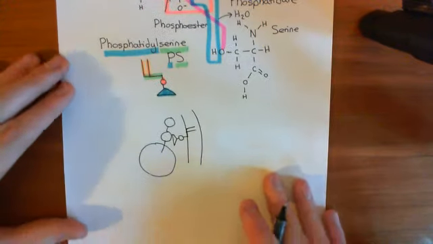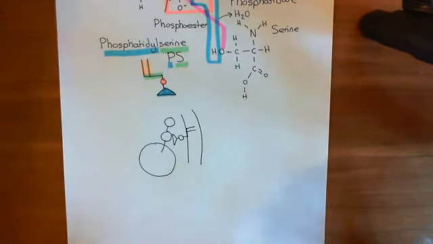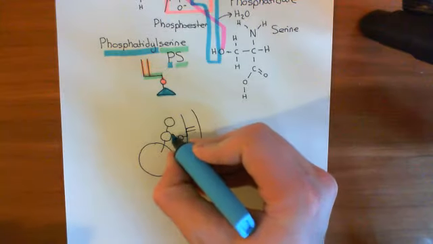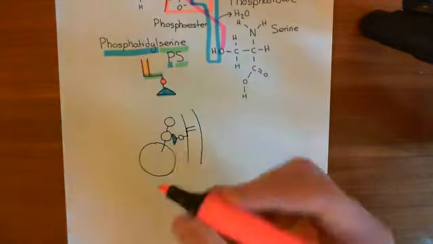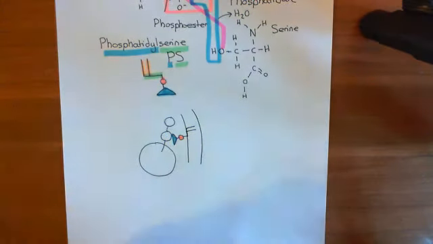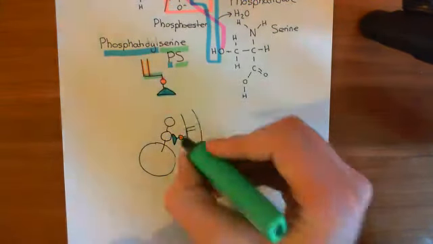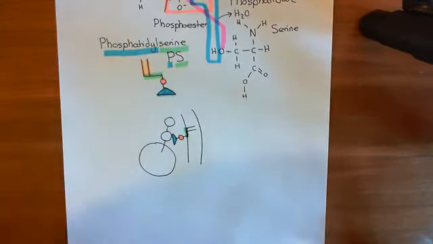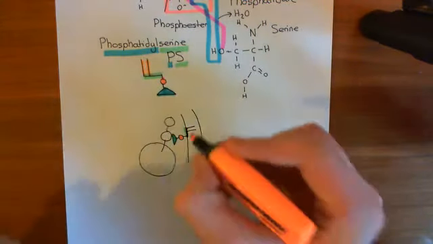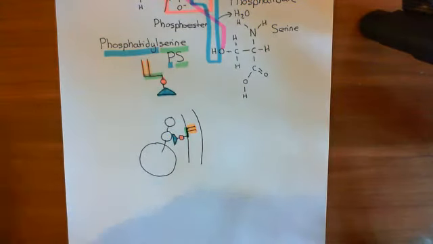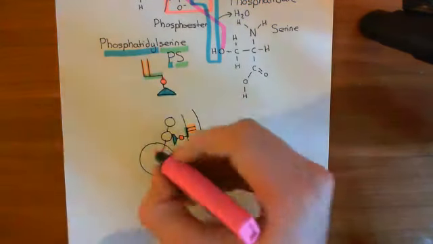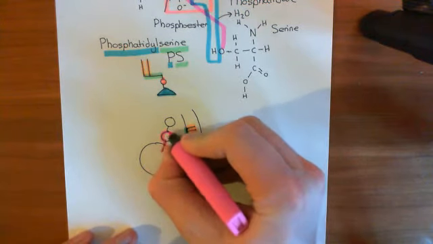So let me label everything up. In blue here, we have our serine stuck on the end of this molecule. Red, we have our phosphate group. Green, we have our glycerol. And orange, we have the hydrophobic tails of the phospholipid. And in purple here, we have our synaptotagmin.